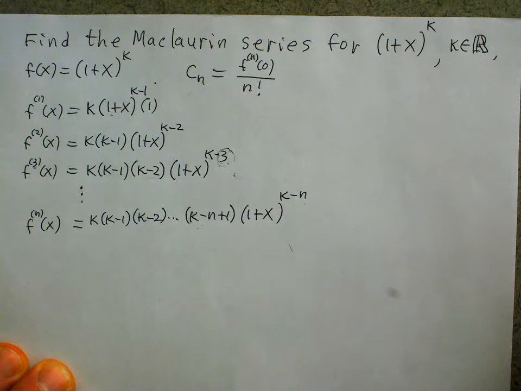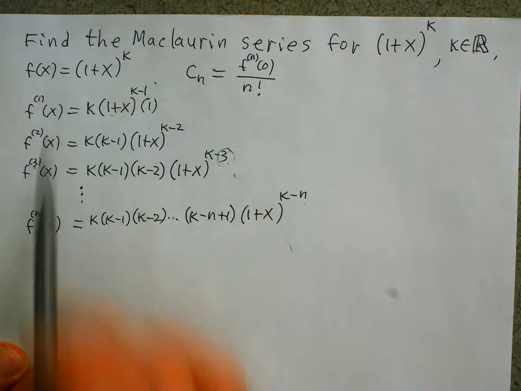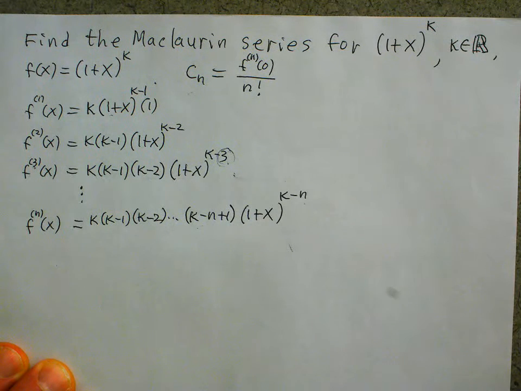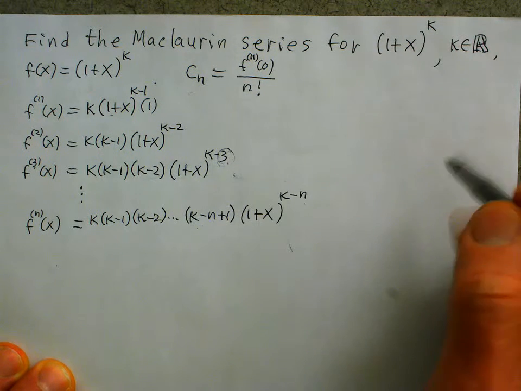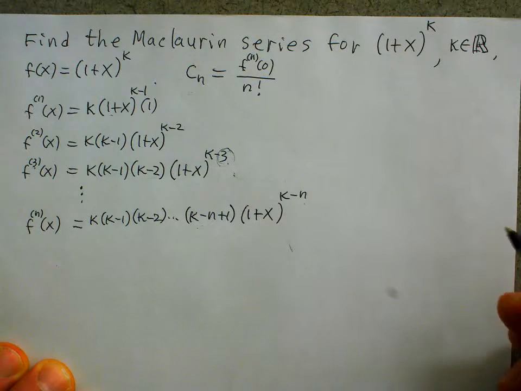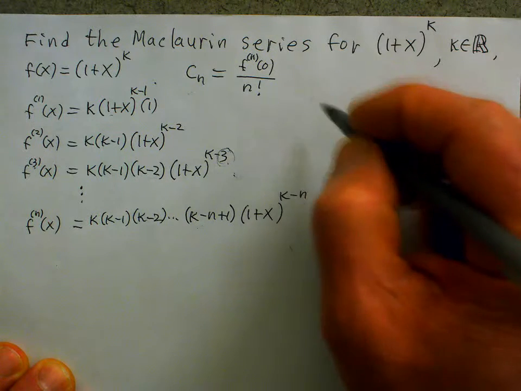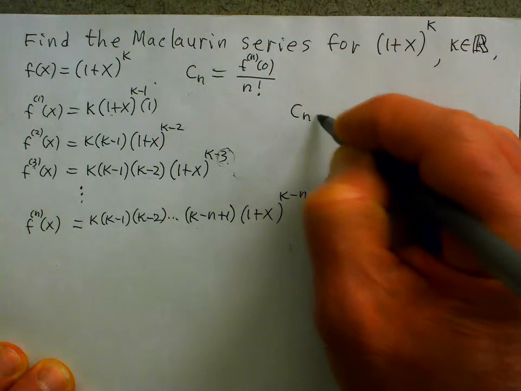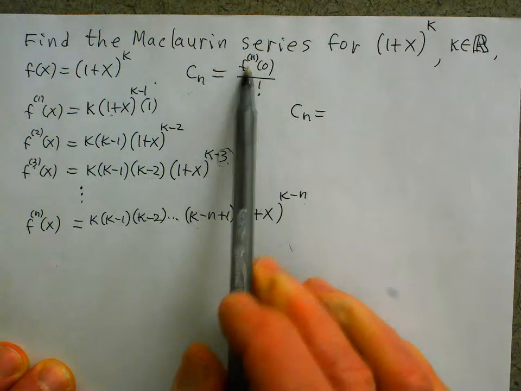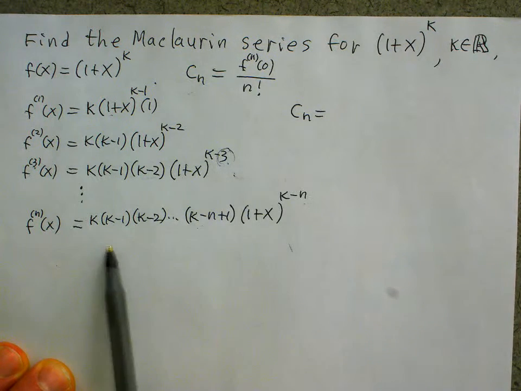Okay. So when we evaluate each of those at 0 for the Maclaurin series, we can write down what the coefficient is using this.